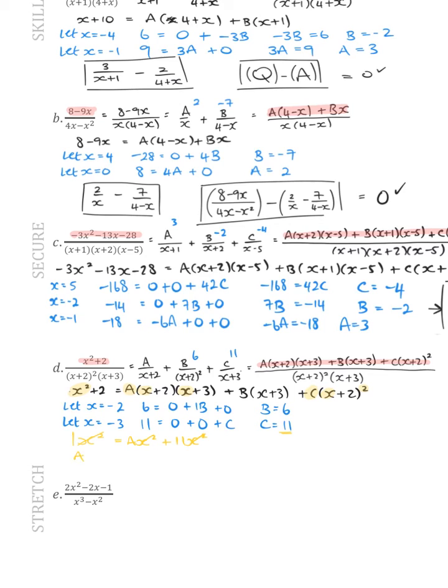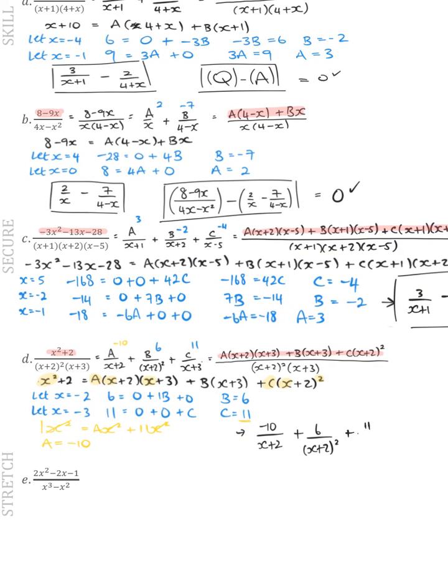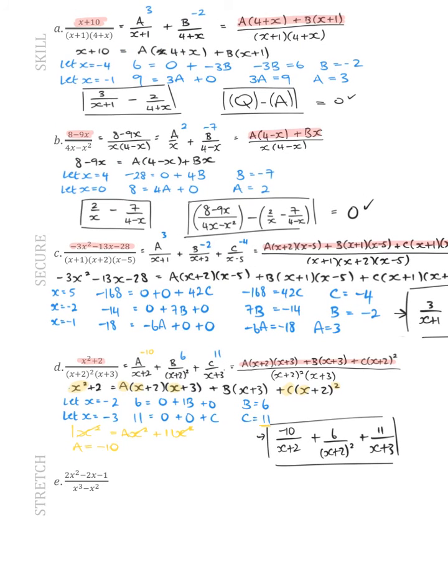So a equals minus 10. Okay, that seems like an interesting answer. So my answer is minus 10 over x plus 2 plus 6 over x plus 2 squared plus 11 over x plus 3. And often when you get a weird answer, it's really satisfying to check.